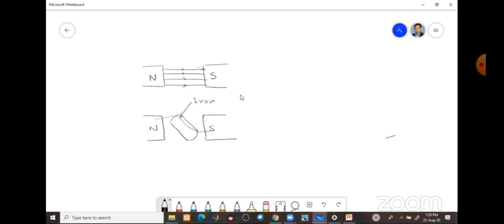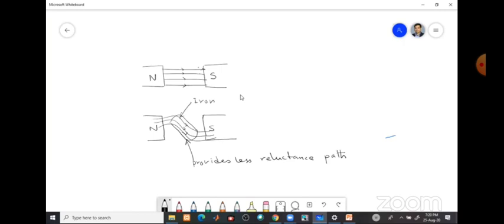The flux lines will try to orient themselves through the ferromagnetic material. As it is iron, it provides a less reluctance path, isn't it? So flux always passes through the less reluctance path.